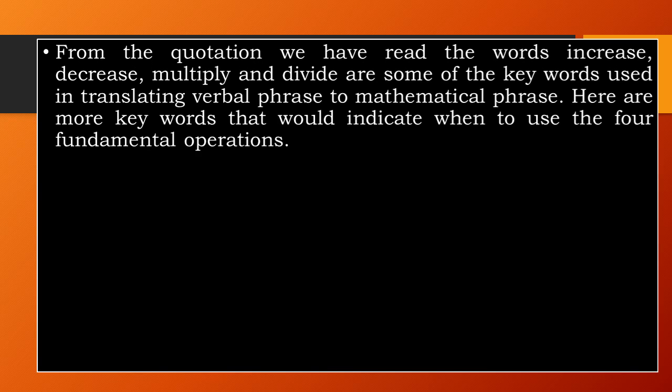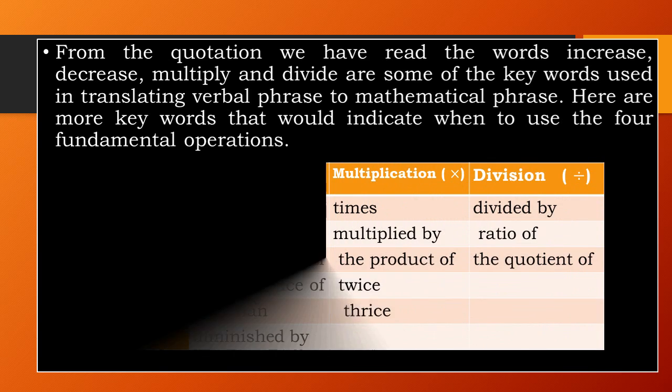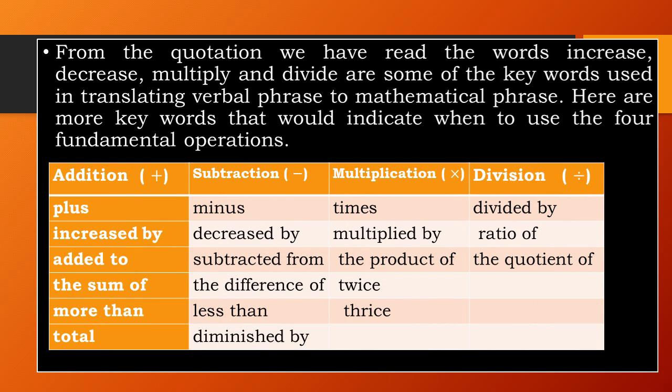From the quotation, we have read that the words increase, decrease, multiply, and divide are some of the keywords used in translating verbal phrases to mathematical phrases. Here are more keywords that would indicate when to use the 4 fundamental operations. Always remember that in addition, the symbol is plus. Here are the keywords in addition: plus, increase by, added to, the sum of, more than, and total.